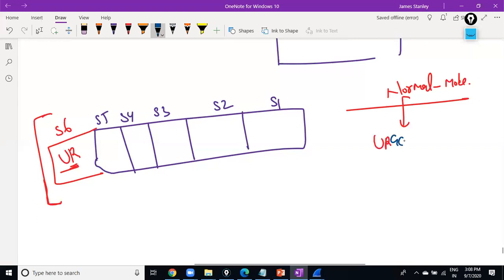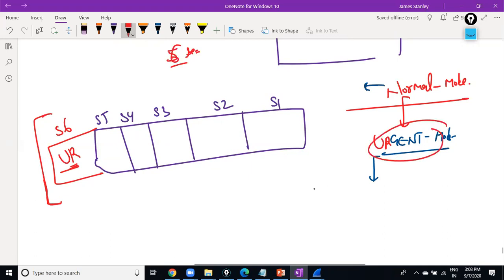When it enters the urgent mode, the CPU processing will be doubled. Let's consider that in the normal mode, if your CPU takes 6 seconds to process the 6 segments, in urgent mode it will take 2 to 3 seconds. It means processing speed will be increased.